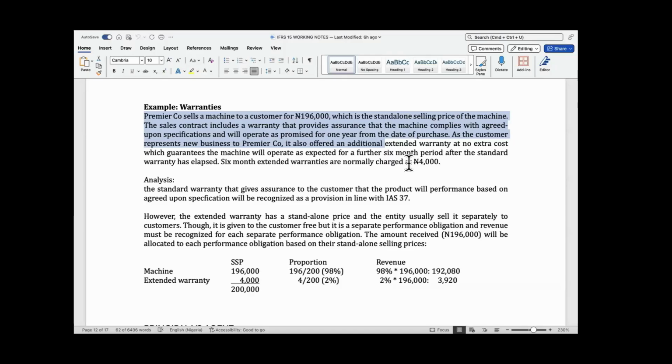Because this extended warranty is a separate performance obligation, we had to allocate part of the transaction price to it, because step 2 or step 3 of the 5-step model requires that you recognize revenue for a performance obligation that is distinct. In this case, this extended warranty is distinct. We did our allocation here, where we shared the 196,000 using the ratio of their standalone selling prices, then we shared the 196,000 for the two of them.